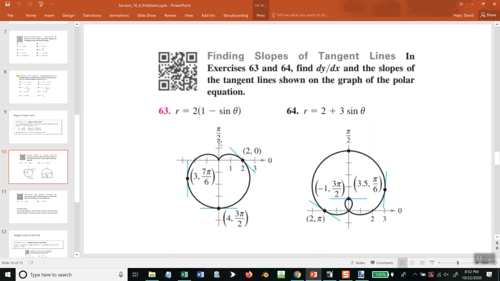The other hint is pi over 2, 7 pi over 6, 3 pi over 2. These look like r and theta, don't they? So yes, these are polar, which means for (2, 0), theta is 0.